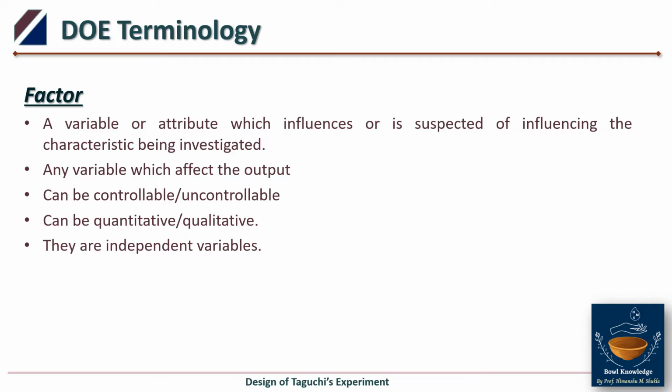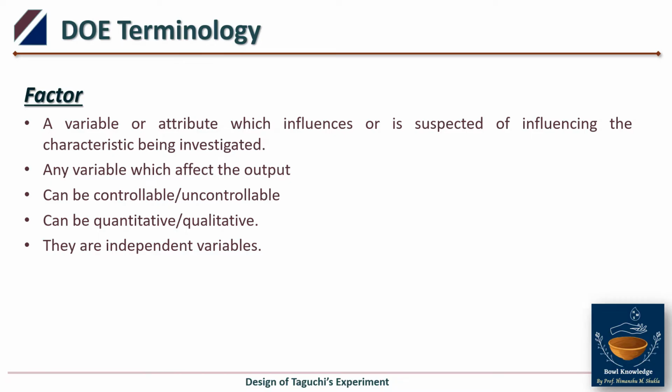So whatever the research I am going to conduct, the main deliverable of my research is basically a measure of betterness. So any factor or variable which is either influencing or suspected to influence the characteristic being investigated is called a factor.